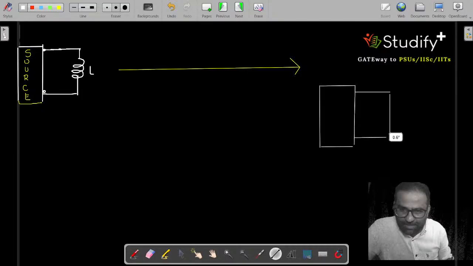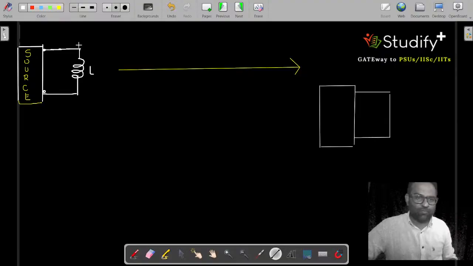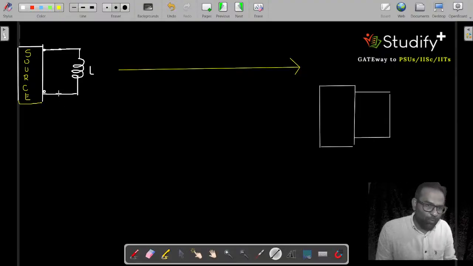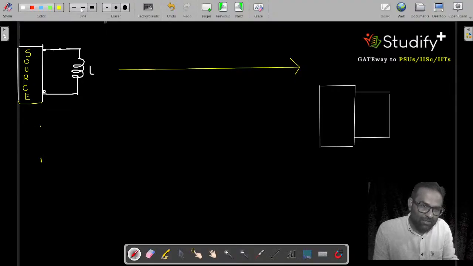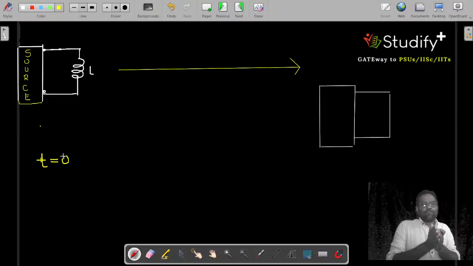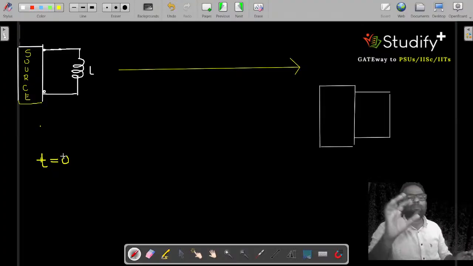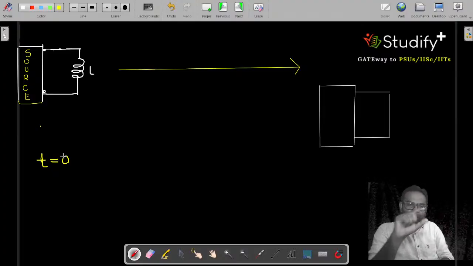Because how will it behave in a steady state? Let's say this point is t equal to 0. You will get this type of notation. T equal to 0 means that at t equal to 0 moment I am connecting my inductor to the source.